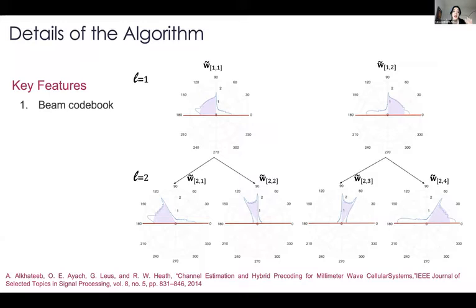And they are hierarchically structured, so I can use them in ways that are reminiscent of sequential channel codes.